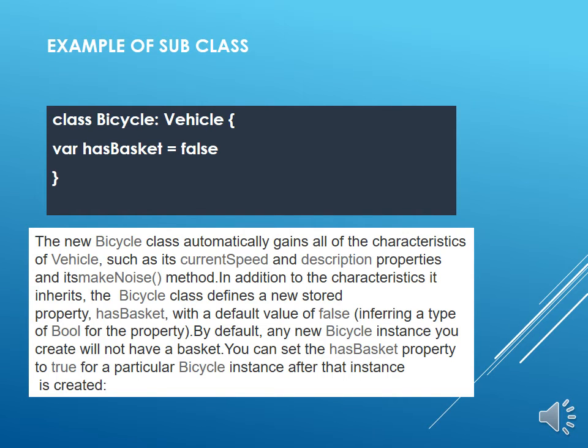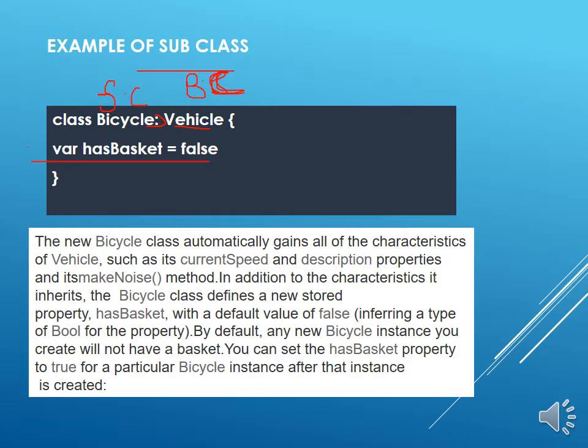An example of a subclass is class Bicycle: Vehicle. What does it indicate? It indicates that Bicycle is the subclass and Vehicle is the base class, or superclass, or parent class, whatever you want to call it. Then we write var hasBasket = false, meaning our bicycle has no basket.